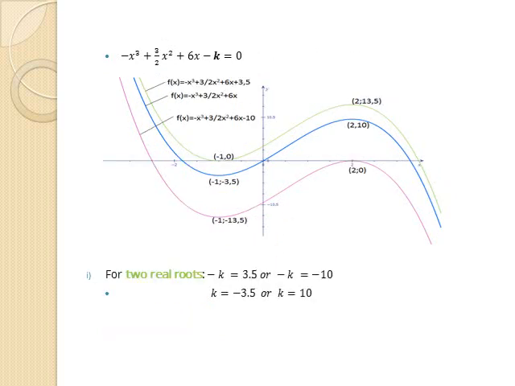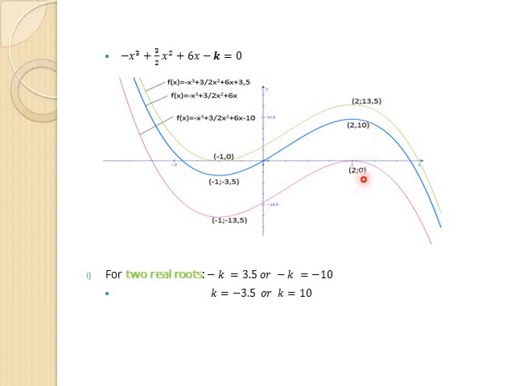Look at 2. For 2 real roots, we have negative k. To get it to touch 2 places there in the green graph, I have to move 3,5 up, so plus 3,5 to get 0, and there minus 10 to get to 0.